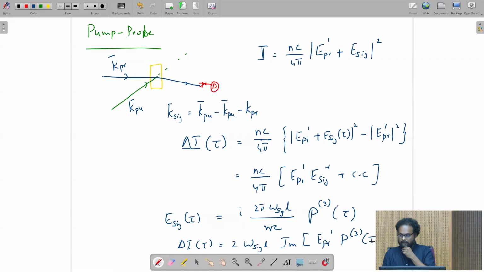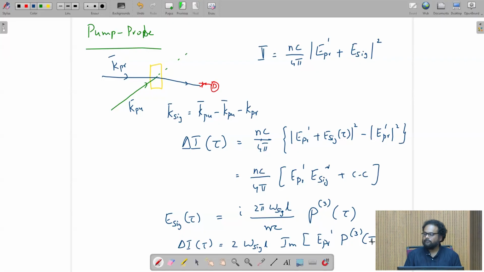I won't be explicitly deriving this. It can also be simplified further into a Beer-Lambert form, the change in absorbance, which is directly linked to the third order polarization.